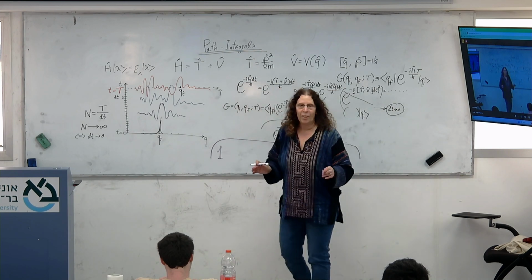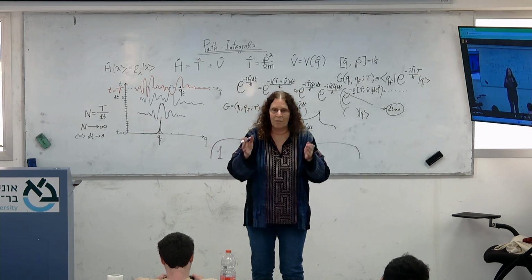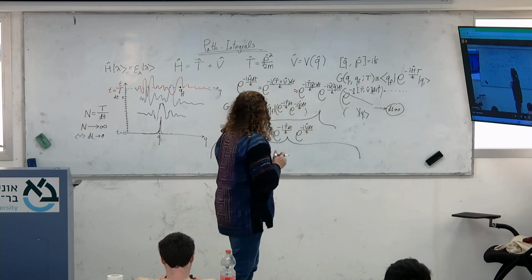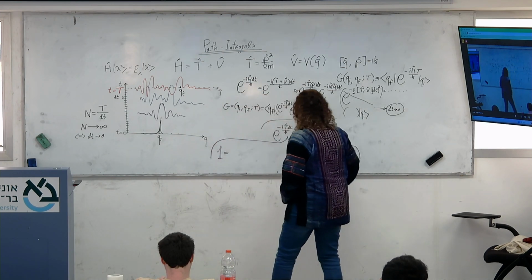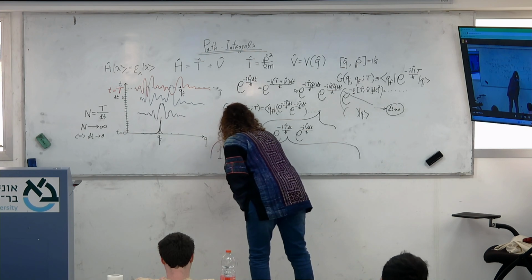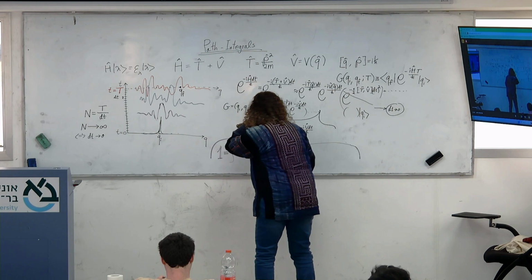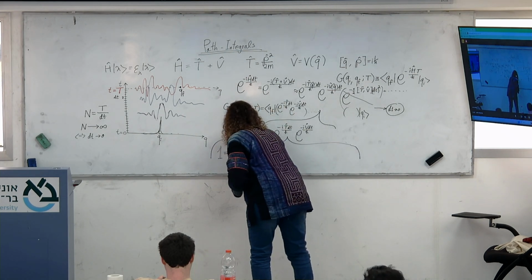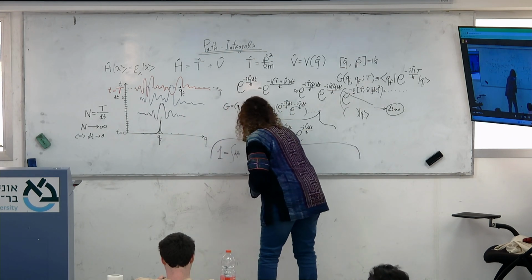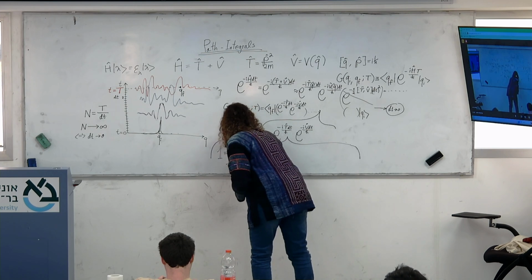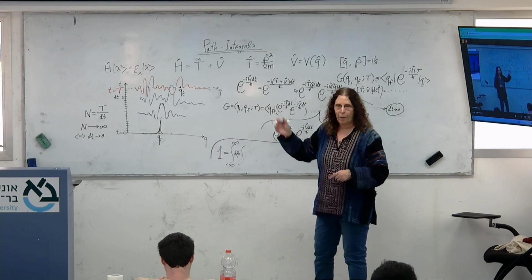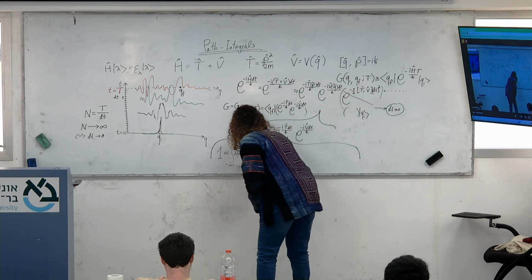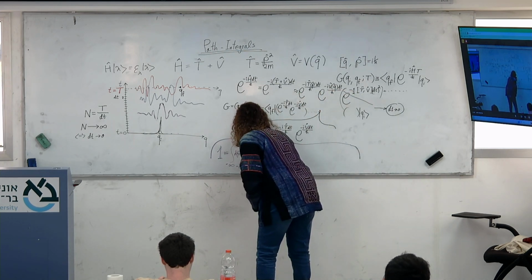A resolution of identity is something you can always put somewhere because it's just one. But I'm choosing a very particular resolution of identity, which is an integral over dp_n going from minus infinity to infinity, assuming that my q and p both go from minus infinity to infinity. It doesn't matter.